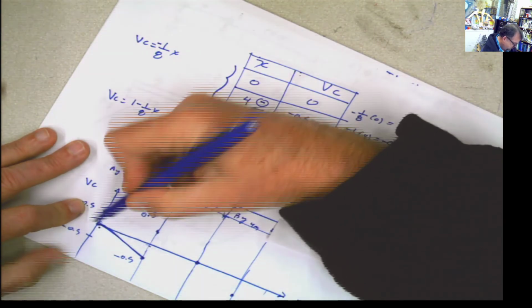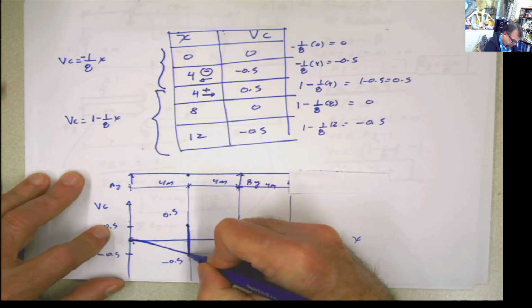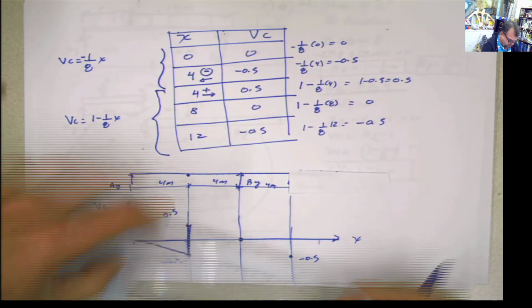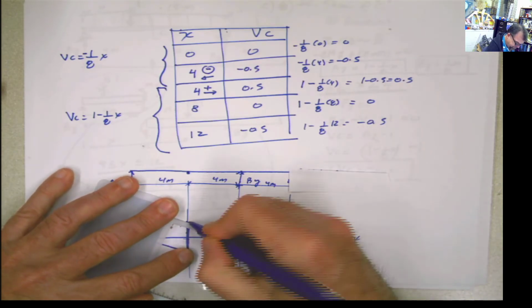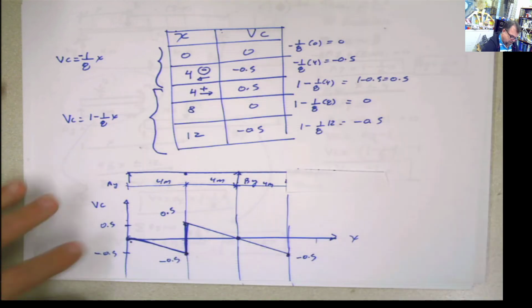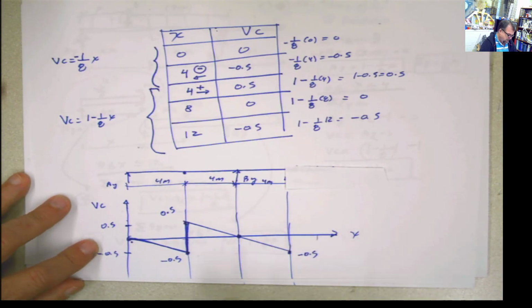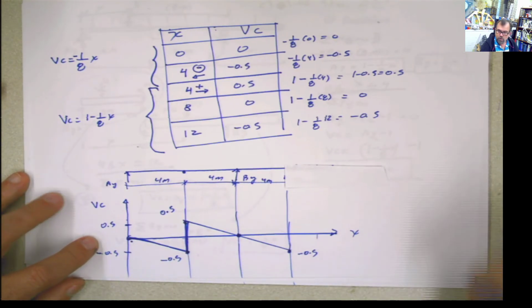Straight lines all the time. Like that. And then in this other part, it's going to be like that. This is the influence line for the shear acting in this part. Now look what happens again.